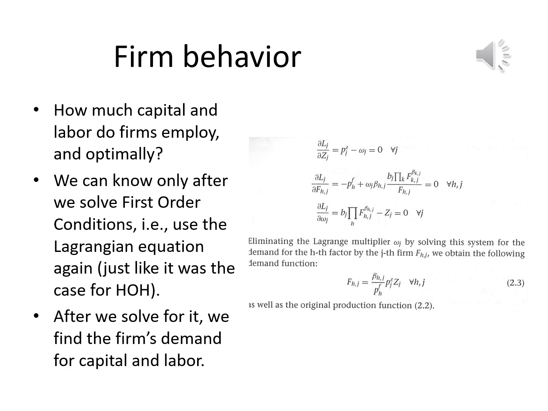Beta parameters show how sensitive demand for production factors is to the prices of factors, and also to the supply price of the goods.